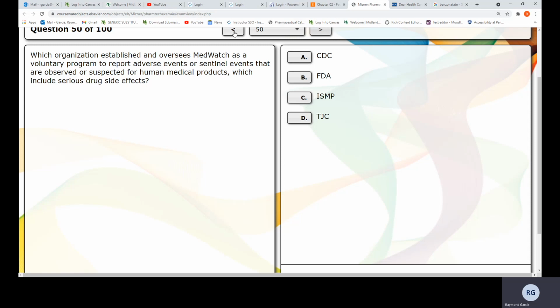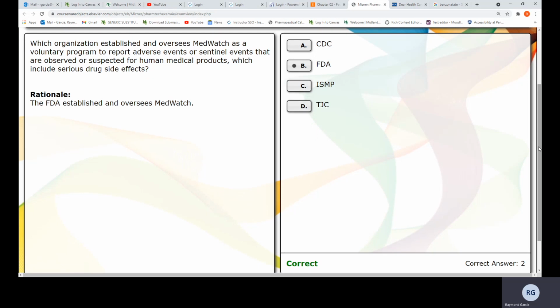D? I would say D. Yeah. FDA established and oversees MedWatch. So that's their drug monitoring program.